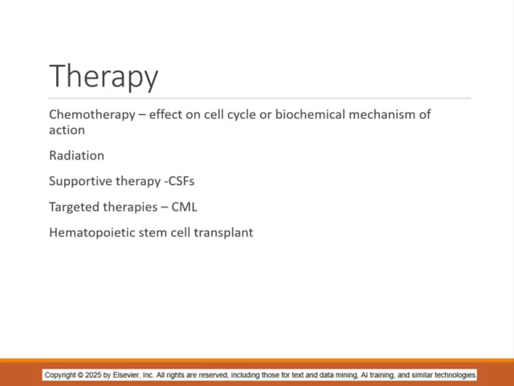Other therapies they have are supportive therapy and colony stimulating factors. These are given to make the cells mature, like the granulocyte colony stimulating factor that makes the stem cells produce more of the myelocytic series. We can give patients injections of Neupogen or Neulasta, which is a granulocyte colony stimulating factor.